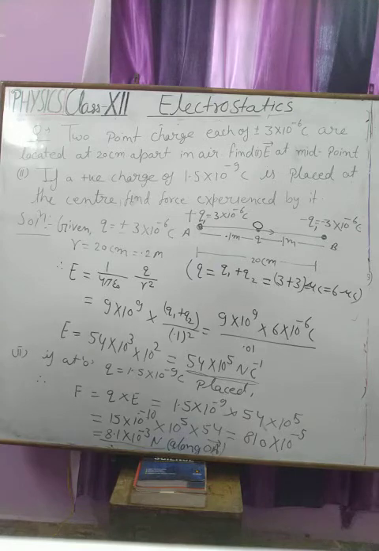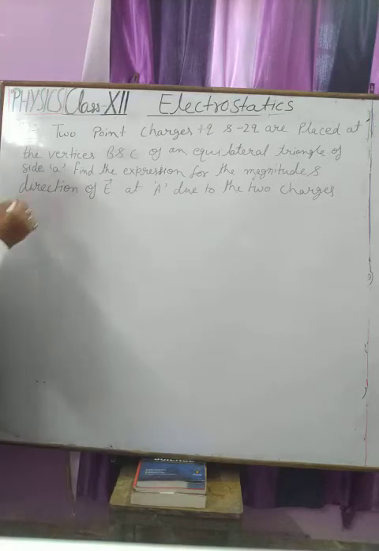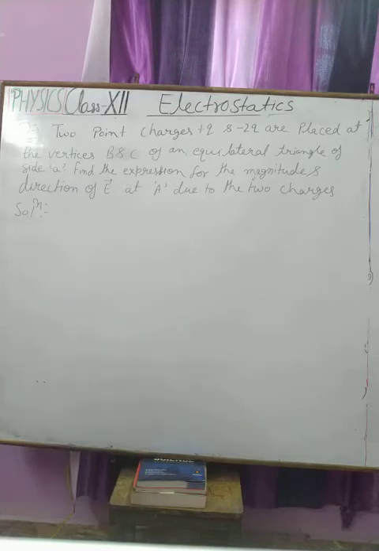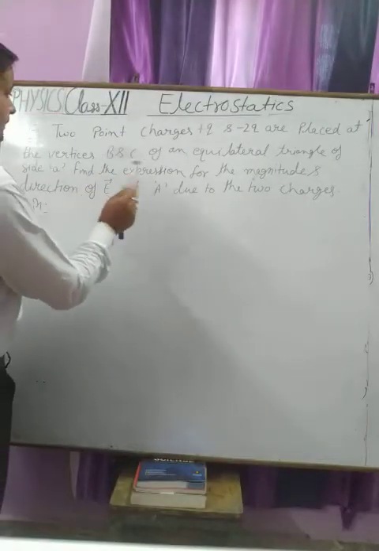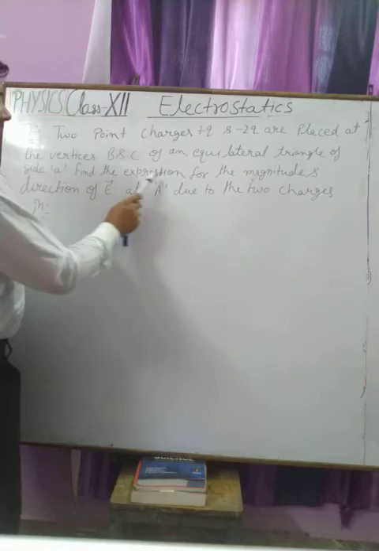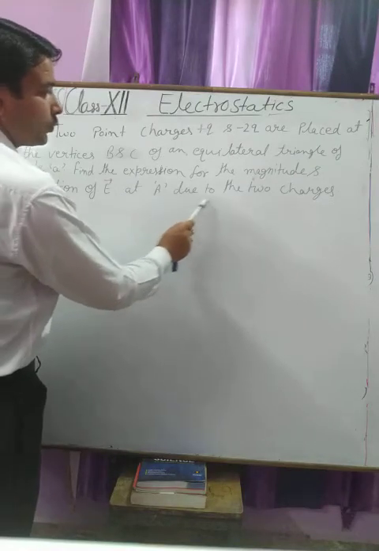Okay student, now we are going to take another problem. Two point charges plus q and minus 2q are placed at the vertices B and C of an equilateral triangle of side A. Find the expression for the magnitude and the direction of electric field at point A due to the two charges.